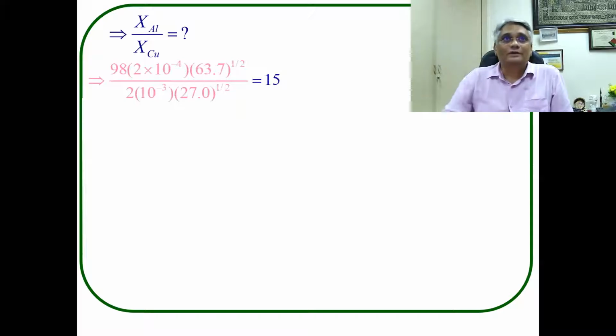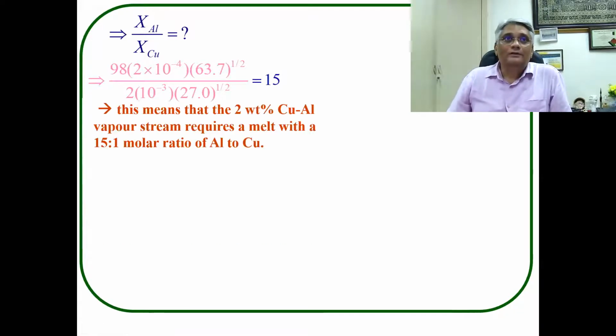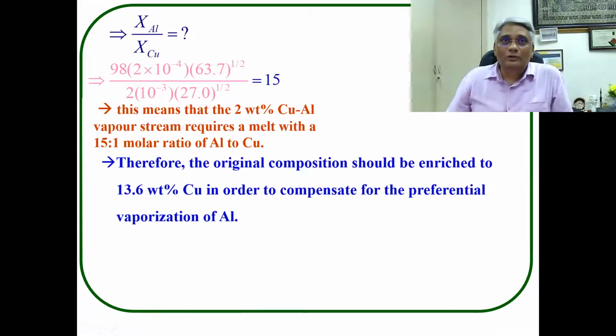Because all these simple things that we have seen in the last 2 slides are involved. Now you see that, if you plug in all those values, this ratio turns out to be 15. What does it mean? This means that the 2 weight% copper aluminum vapor stream requires a melt with a 15 to 1 mole ratio of aluminum to copper. Therefore, the original composition should be enriched to 13.6 weight% of copper in order to compensate for the preferential vaporization of aluminum.